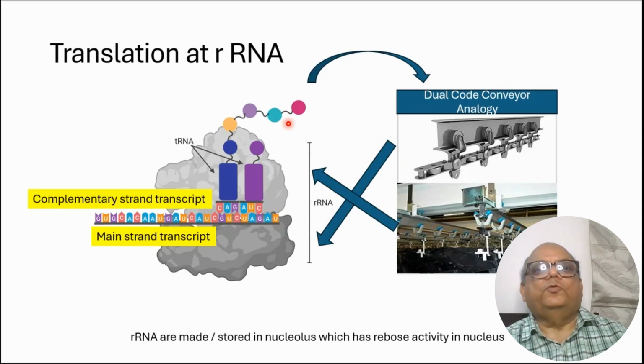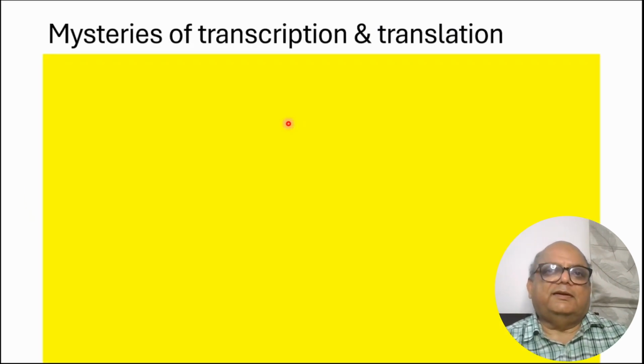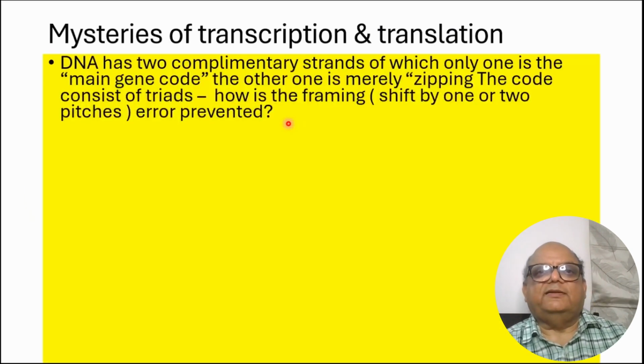Okay, so there are several mysteries of transcription and translation. That is, DNA has two complementary strands, of which only one is the main gene, the other is the zipping code. Okay, how is it that there is no framing error? You have to move by a pitch of 3.